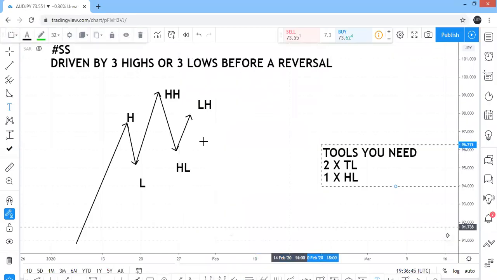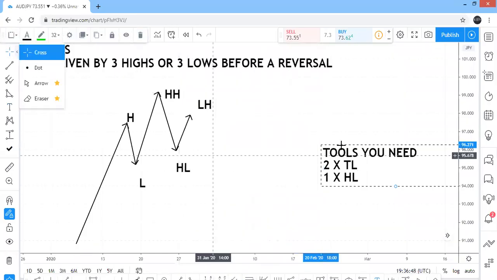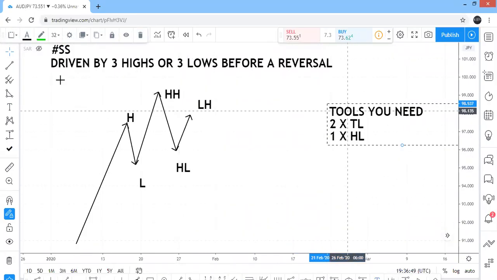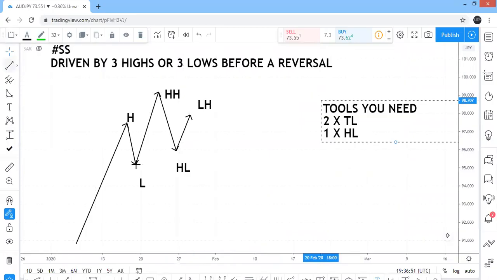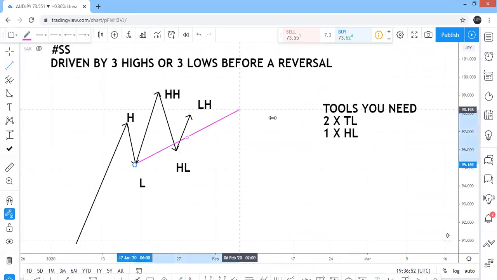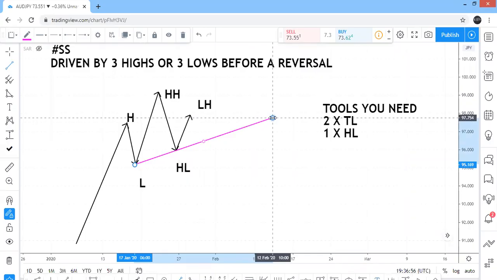So the first trend line that we're going to use is connecting the lows together, and look at the angle that the trend line is on. It needs to form as a counter trend line where price and time clash. Okay? Drop a Y or a yes if you are understanding this.